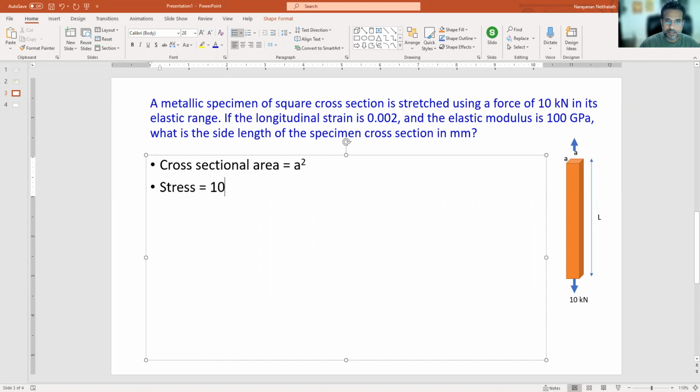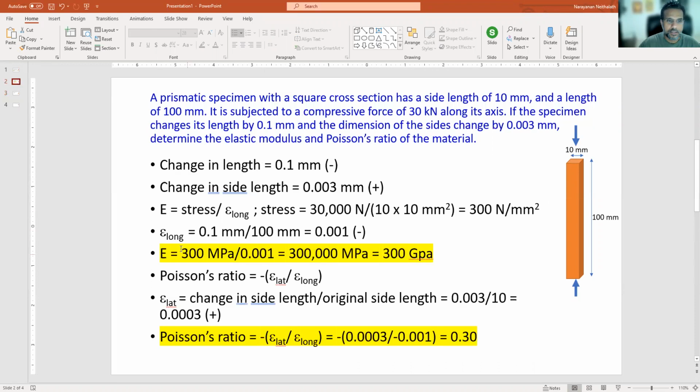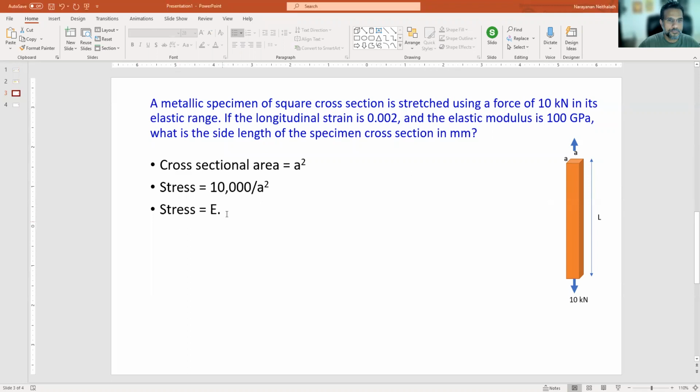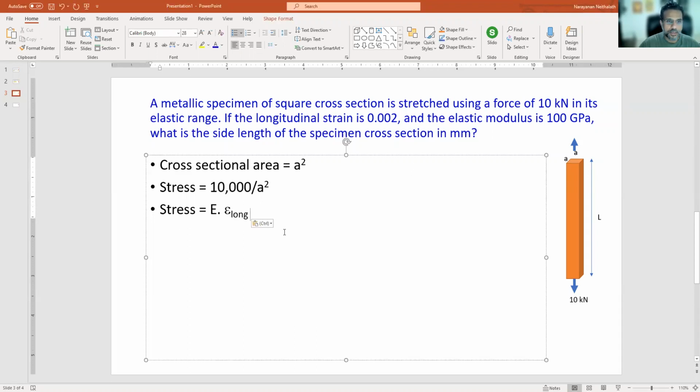Force is 10 kilonewton, which is 10,000 Newton, divided by A square. Now, what is the other definition for stress? Stress is also equal to elastic modulus times longitudinal strain, correct?